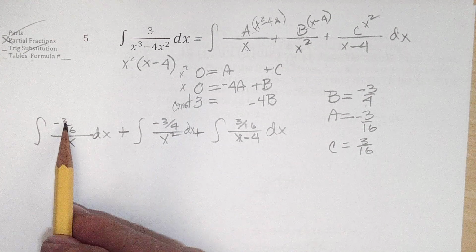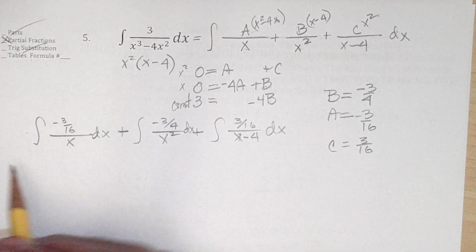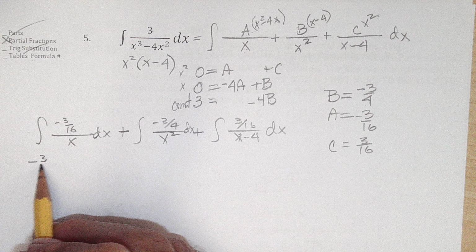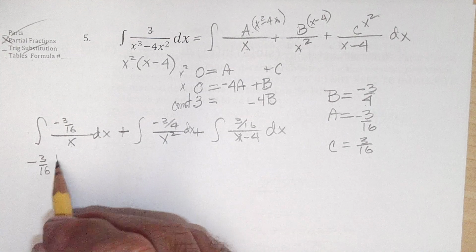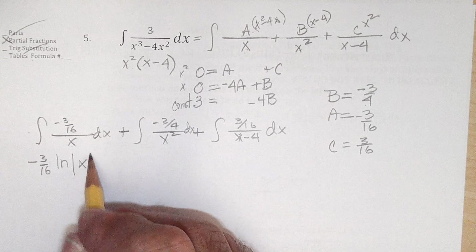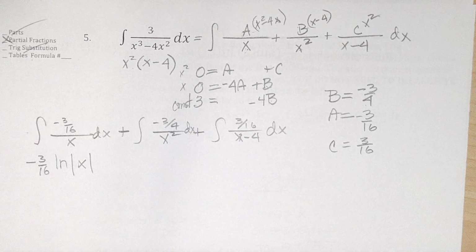Well, this comes out, and we've got the integral of 1 over x, so we get -3/16. The integral of 1 over x dx is ln absolute value of x plus c, but we'll take care of the c at the end.